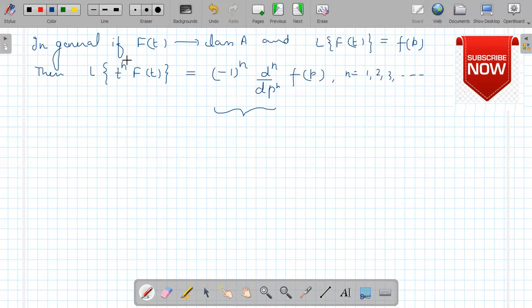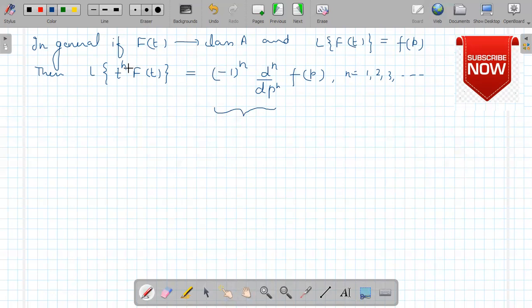If we have second power of t here, then we have to differentiate F(p) 2 times, and here we have minus 1 raised to the power 2. Okay, so it is obvious that when t has odd powers, you will have negative sign, and when t has even powers, we will have positive sign here.